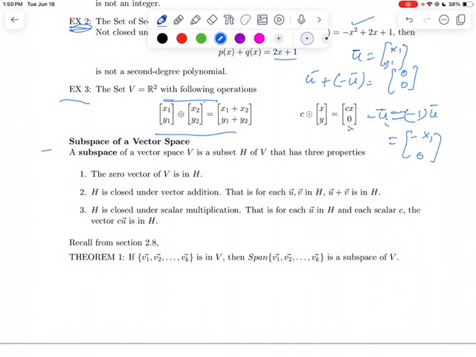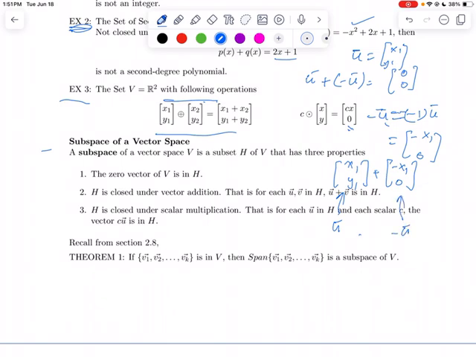And then if you add u and negative u, you will not get the 0 vector, right? Why? Because you will be getting (x1, y1) plus (negative x1, 0). So this is the u and this is the negative u.